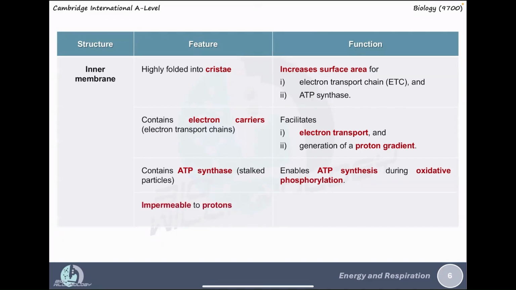One specific feature of the inner membrane is that it is impermeable to protons. Therefore, we can maintain a very steep proton gradient, which is essential for chemiosmosis to occur.